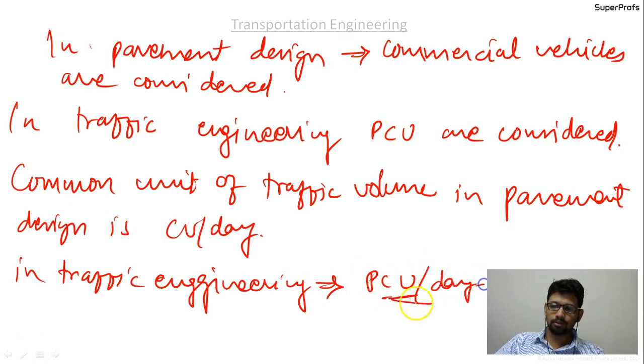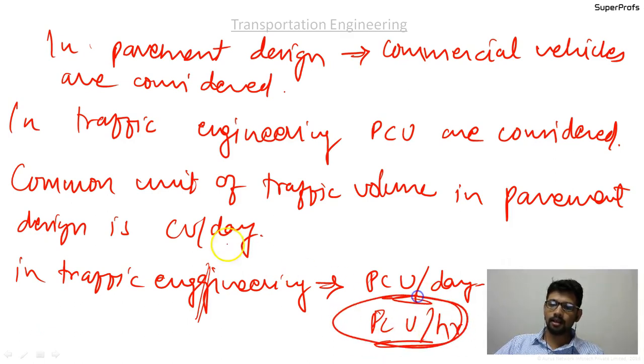Please look for the spelling. Sorry, the common unit is PCU per hour in traffic engineering, and it is commercial vehicles per day in pavement design.